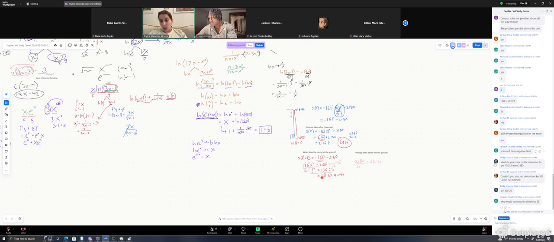Okay, someone's asking why would you need to divide by 32? So you don't actually need to divide by 32. What the person who was asking that question took the 32 from is, if you go up here and you want to find S prime, also known as velocity, you're going to use the power rule to get negative 32t.